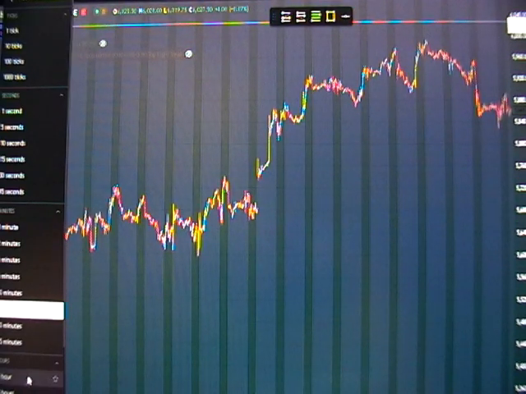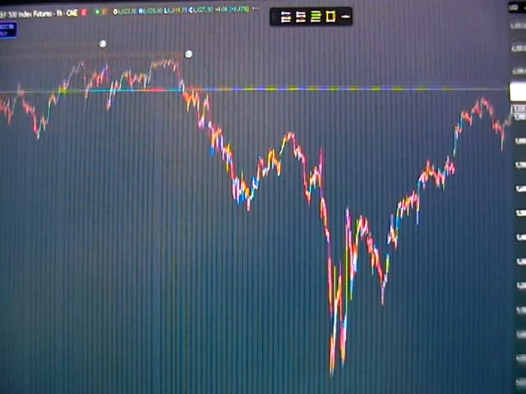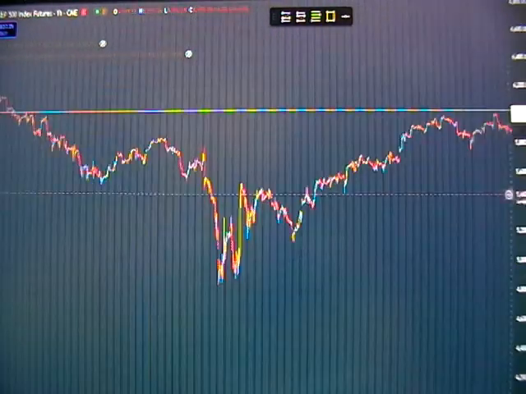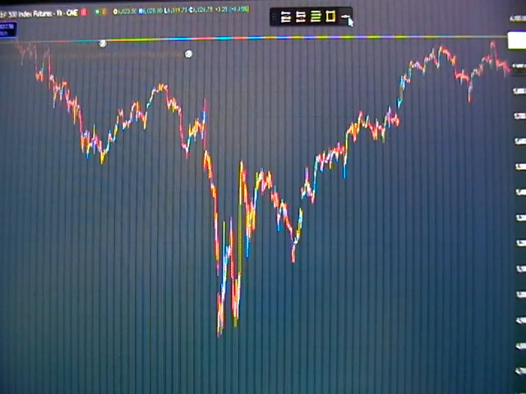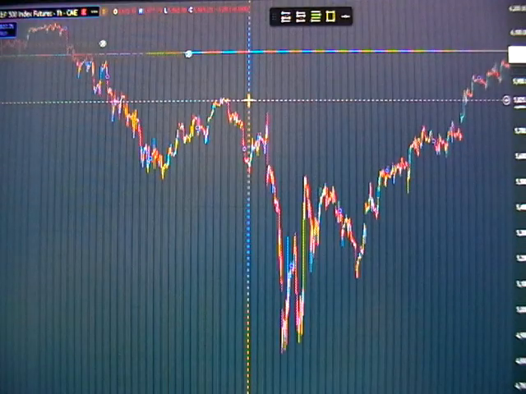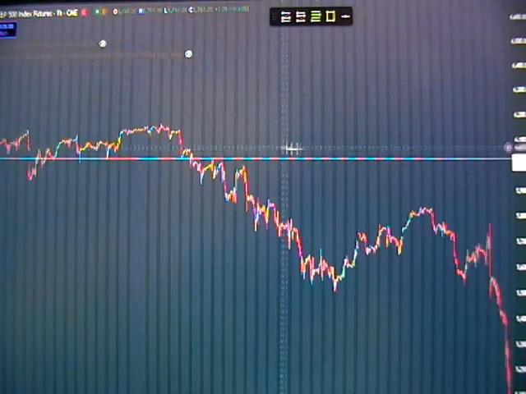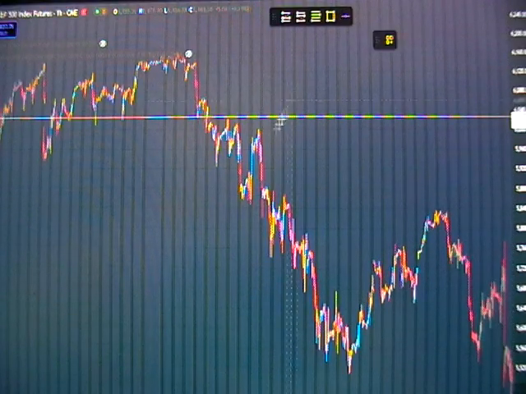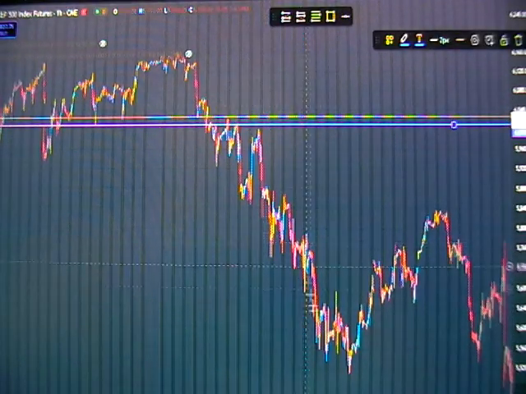Let's go into the hourly time frame. Yeah, we had something like that right here. Right here too, we touched this.